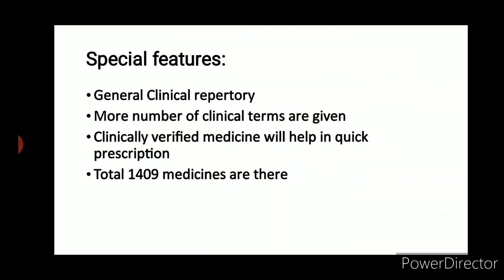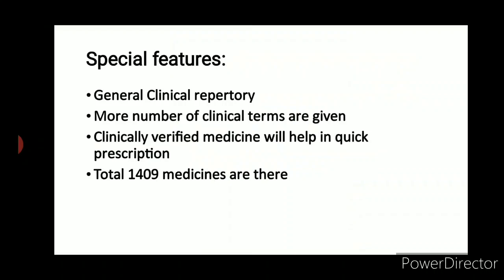So it is most useful when you have clinical cases. Many clinical terms are given, as we already discussed. So it is very easy to locate a group of medicines with the help of those clinical terms. You have clinically verified medicines for a quick prescription.